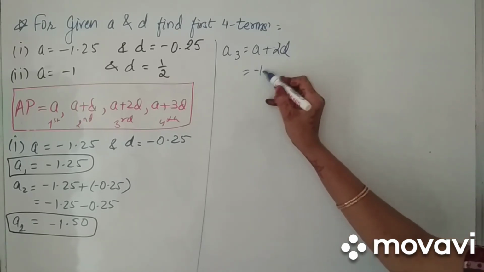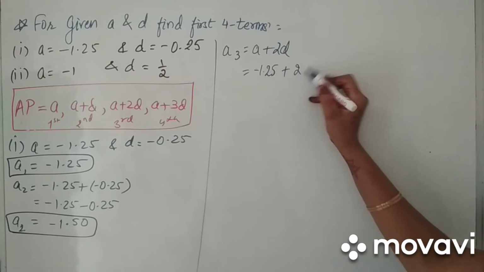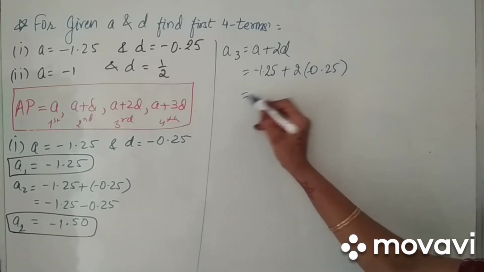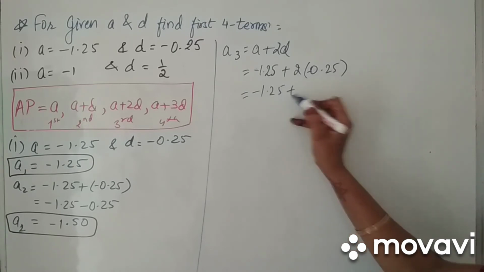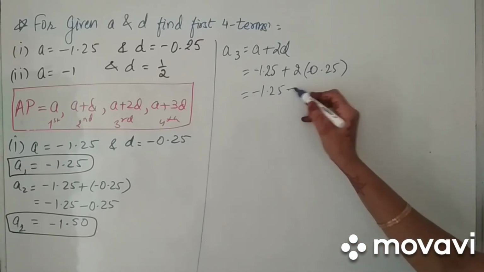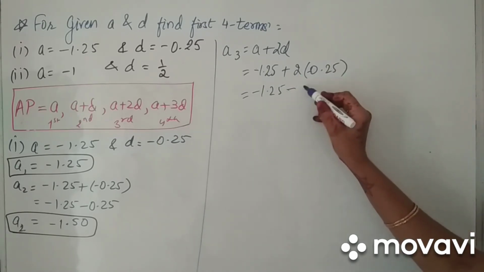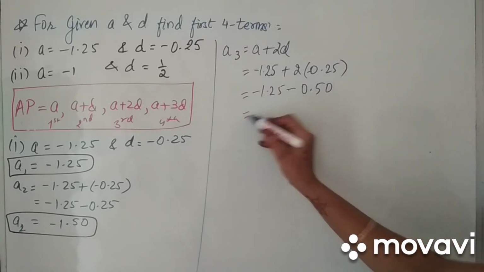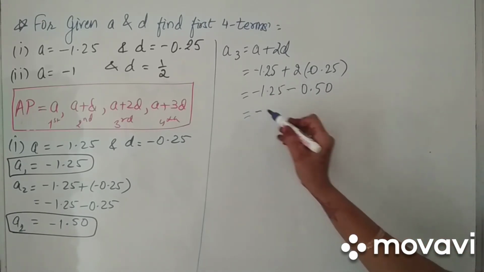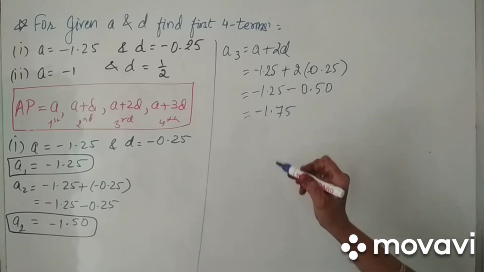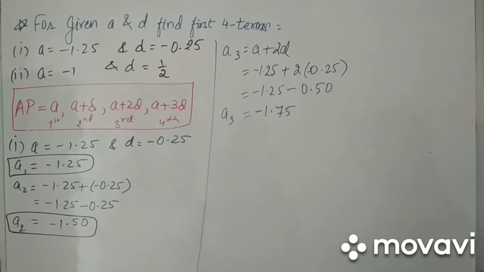A is minus 1.25 plus 2 into D, which is my minus 0.25. Minus 1.25 plus, multiply: plus minus minus, multiply by 2. So it will give me 0.50. Minus minus plus, so it will give me minus 1.75. This is my A3.